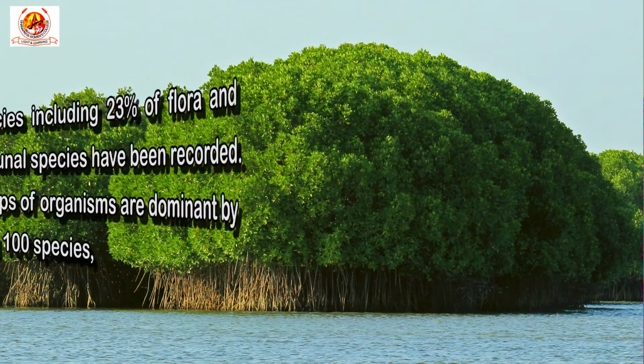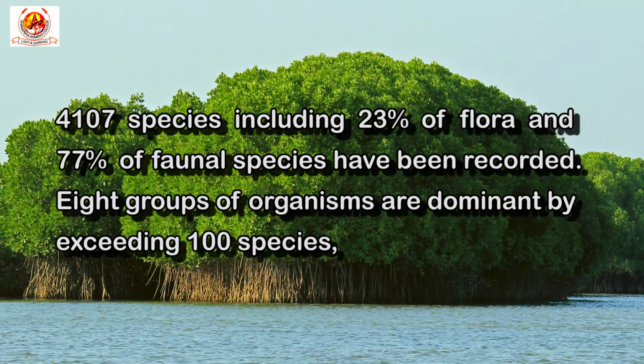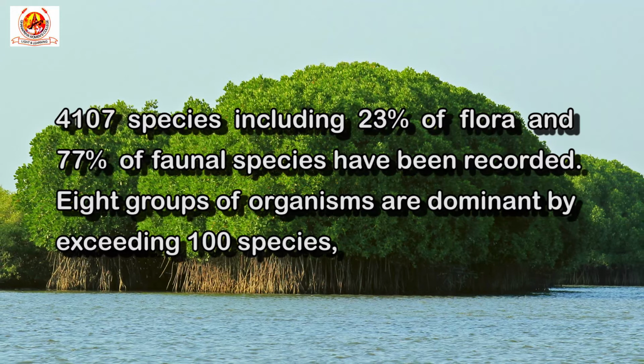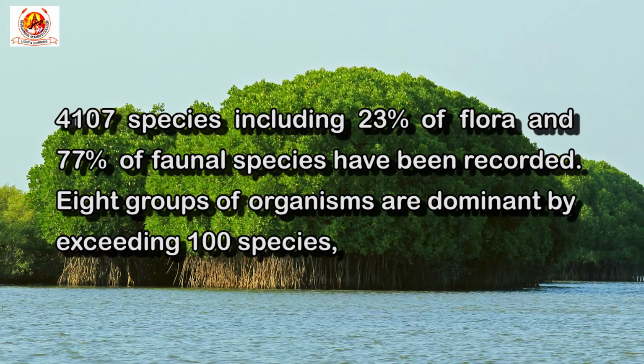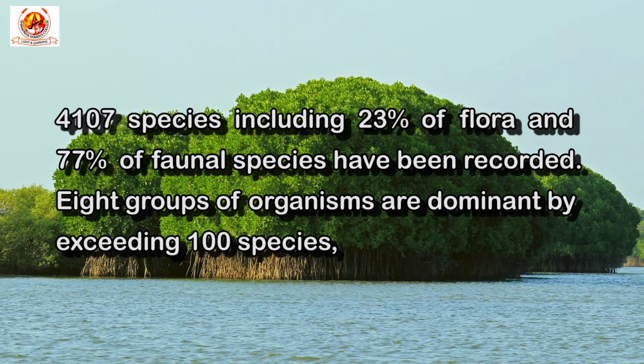India has the highest record of biodiversity in the mangrove forest in the world, and no other country has recorded so many species present in this type of ecosystem. So far, 4,107 species, including 23% of floral and 77% of faunal species, have been recorded. 8 groups of organisms are dominant, exceeding 100 species, and they are mangrove species.